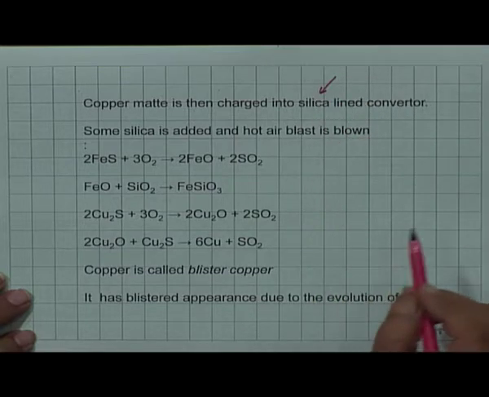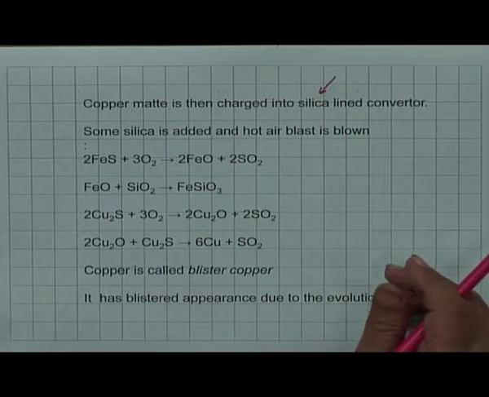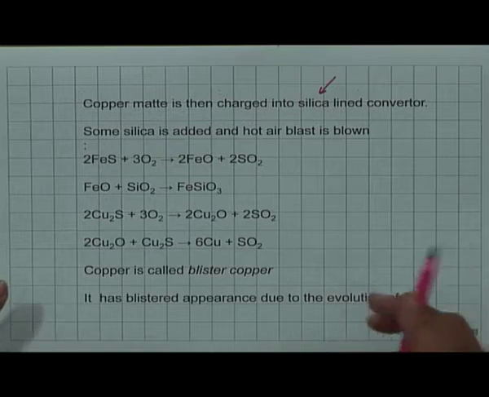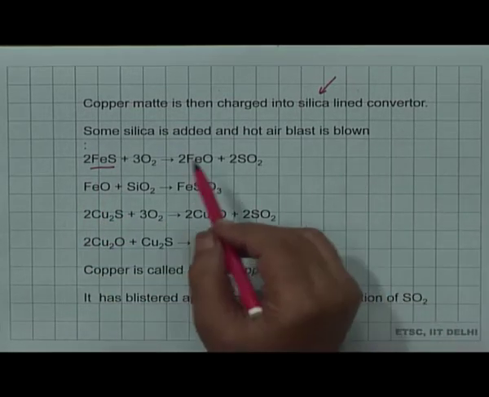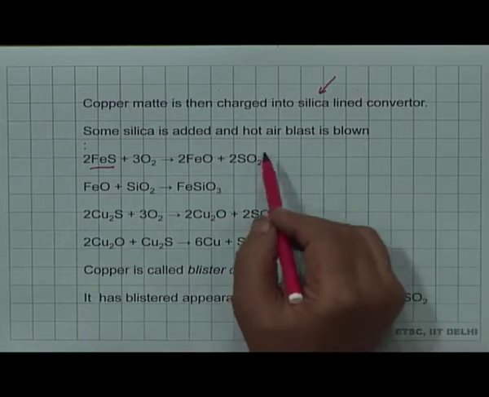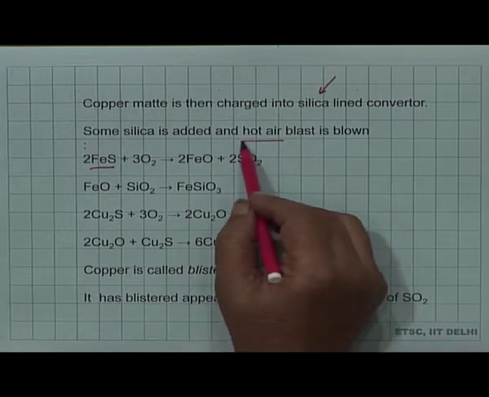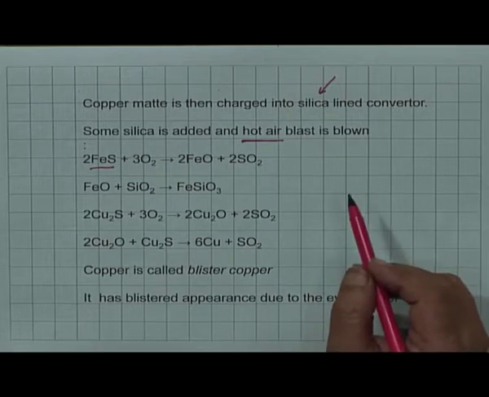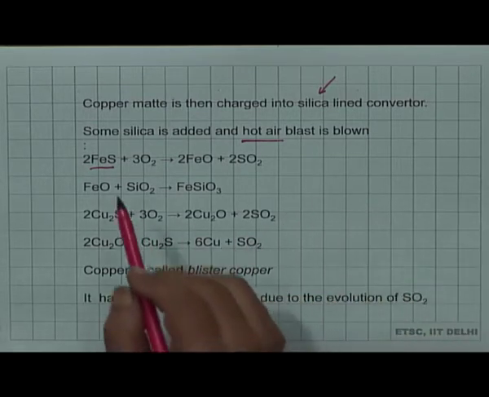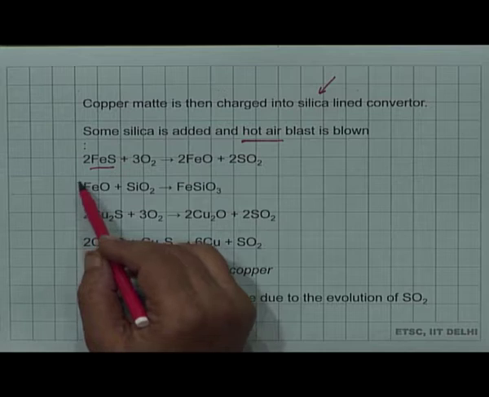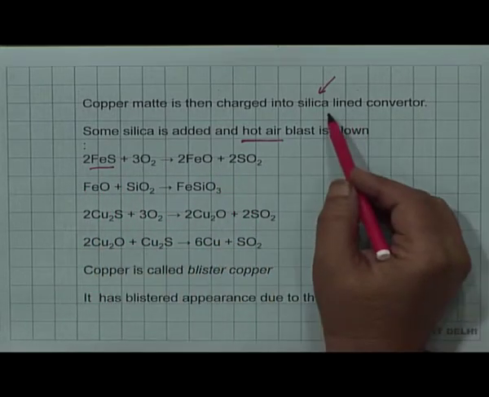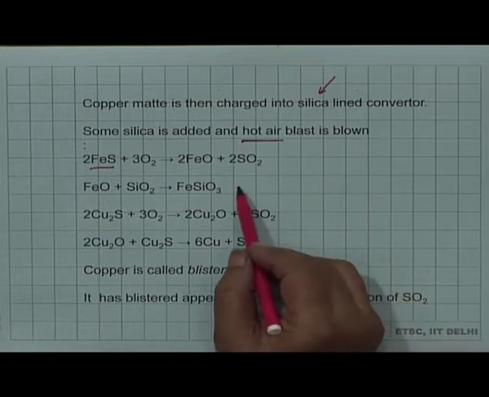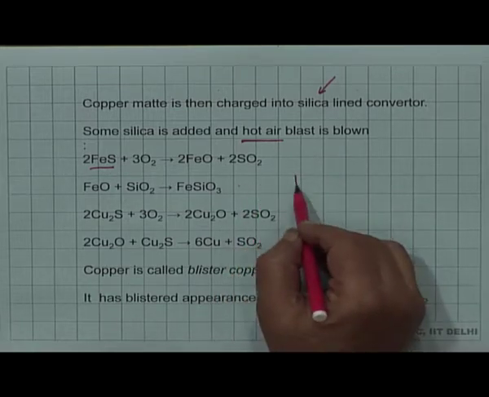It is because we are left with some iron in the form of sulphide, and then we blast the mixture with hot air. The idea of using hot air is to convert the leftover iron sulphide into iron oxide, which again combines with silica to form iron silicate.